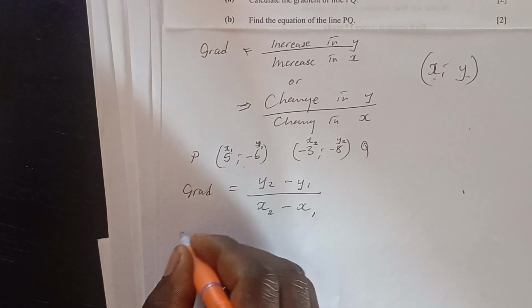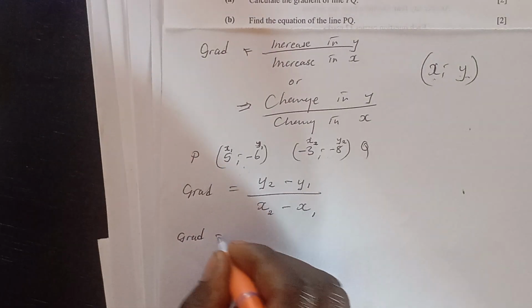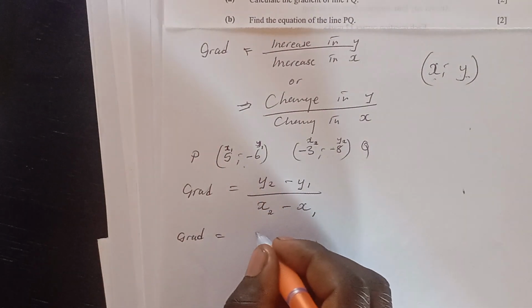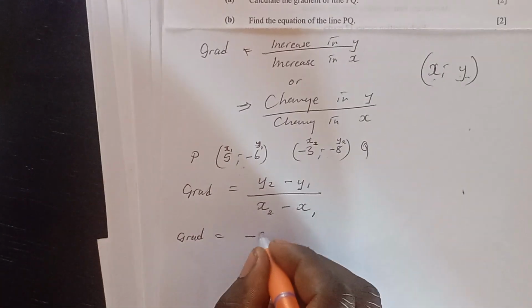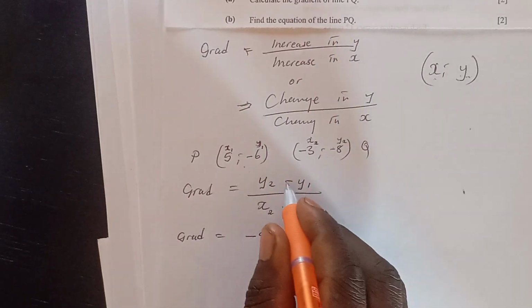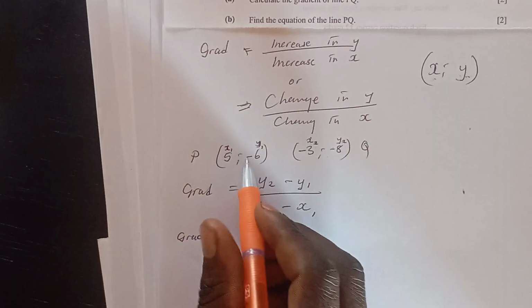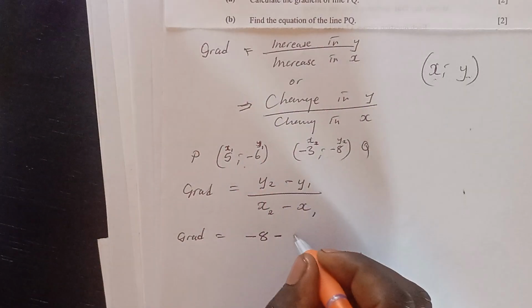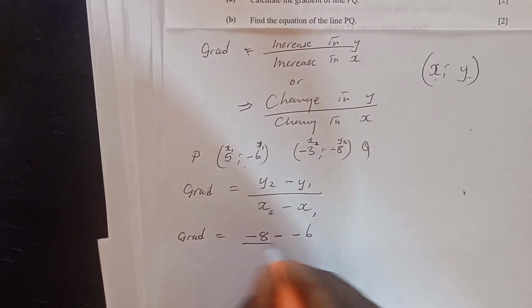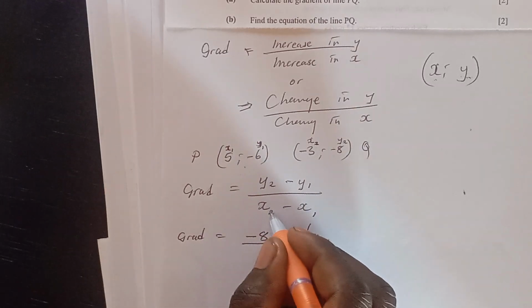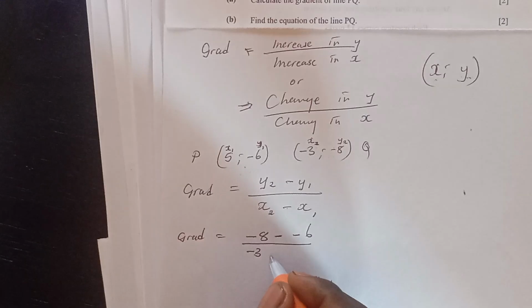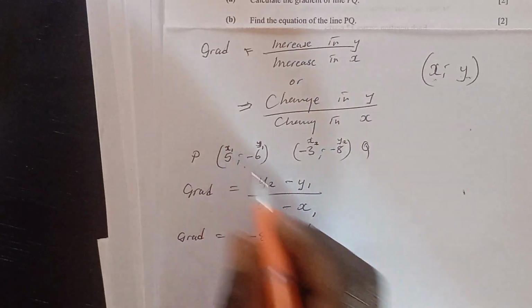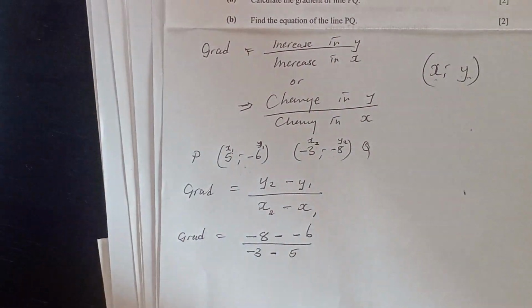So we are going to have gradient is equal to y2, the value of y2 is minus 8, minus, which is the negative here, 6, all over x2 is minus 3, then the negative from the formula, minus 5, which is our positive.